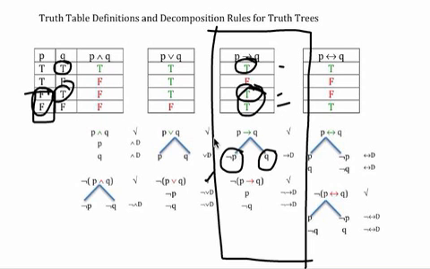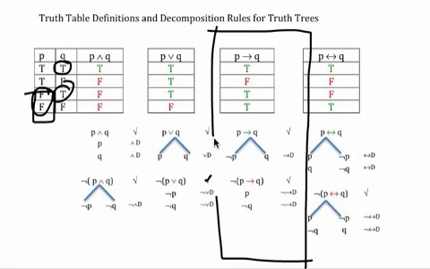So that's why the conditional decomposition rule tells us to branch and to put the negation of the antecedent on one side and the consequent on the other.